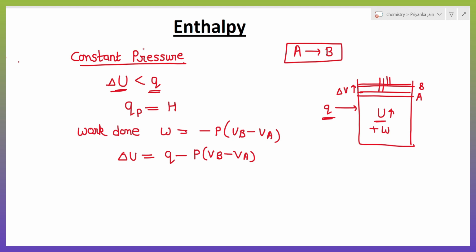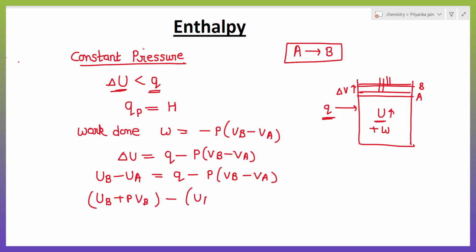Here we can write UB minus UA, which is the change in the internal energy. This is equal to Q minus P(VB minus VA). Or we can write (UB plus P VB) minus (UA plus P VA) is equal to Q. It means the change in this property, UB plus PVB minus UA plus PVA, is equal to the heat supplied.